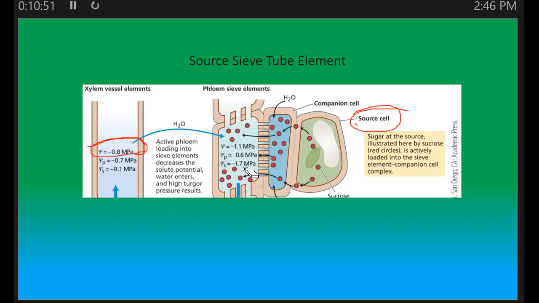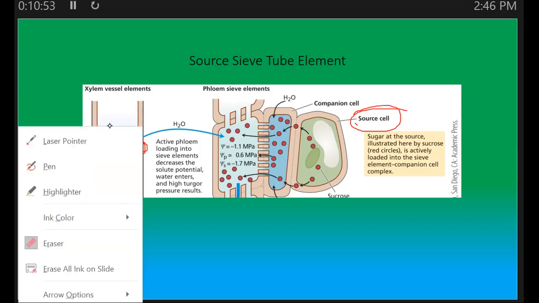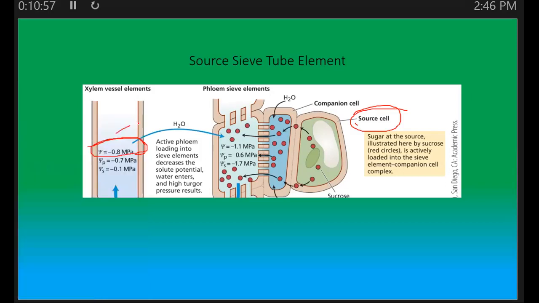Well, water moves from less negative to more negative. So now in response to all that sugar getting loaded in, you're going to have water moving from less negative to more negative. That puts your psi sub P nicely positive. It builds up hydrostatic pressure to get this positive pressure. All those water molecules pushing against the sieve tube element. It gets your psi sub P up.